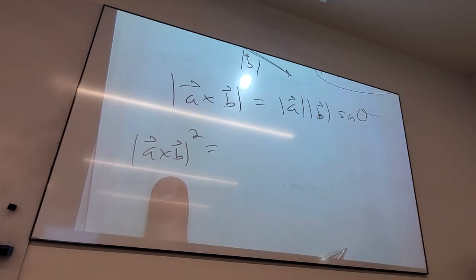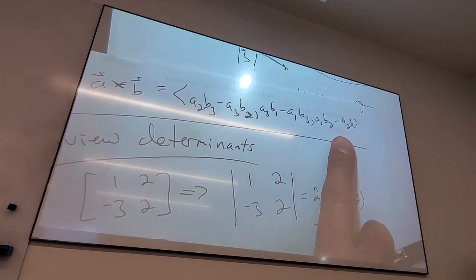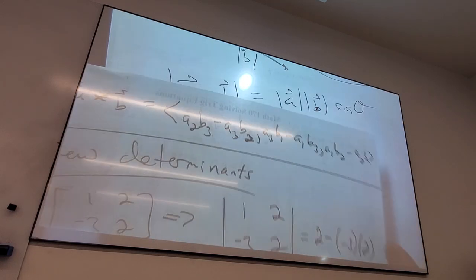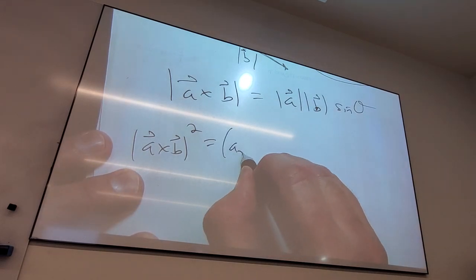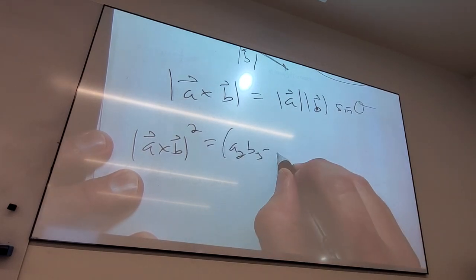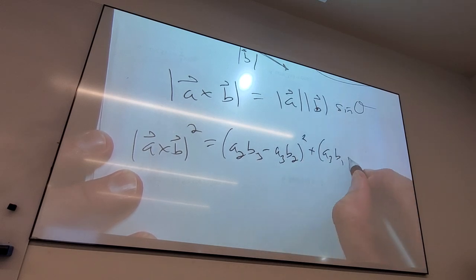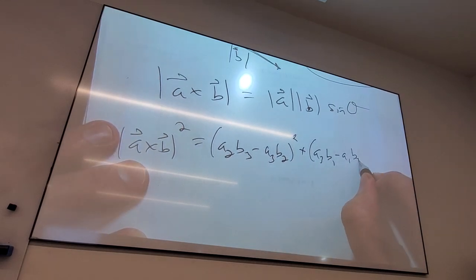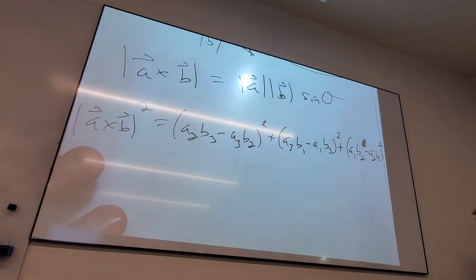So wouldn't this be this squared plus this squared plus this squared? Is that cool? Because I'm squaring it so the square root goes away. So I just get a2b3 minus a3b2 squared plus a3b1 minus a1b3 squared plus a1b2 minus a2b1 squared. And then I square all that out.